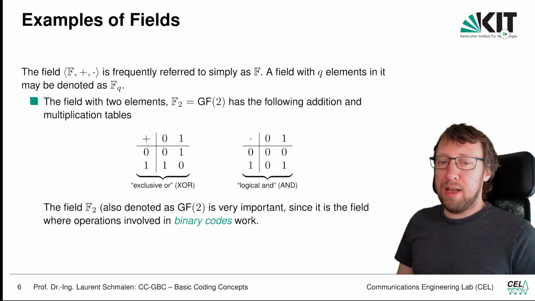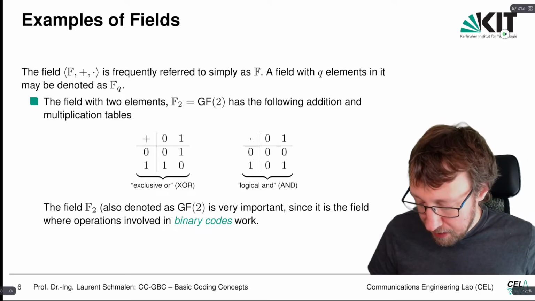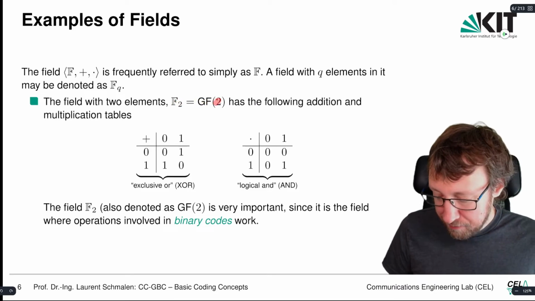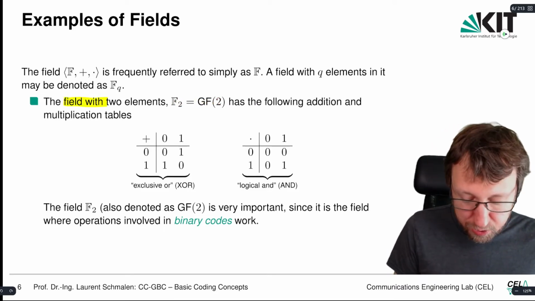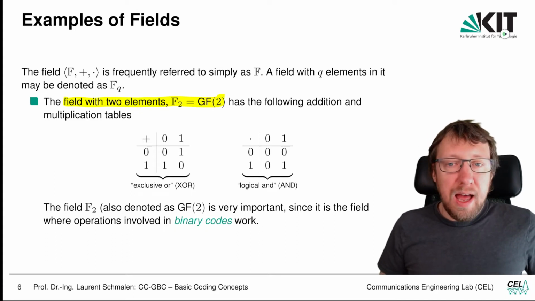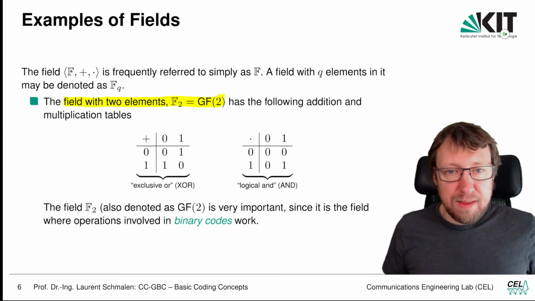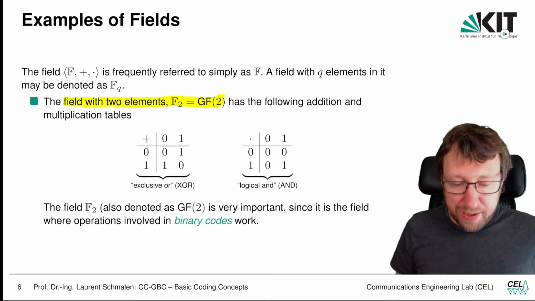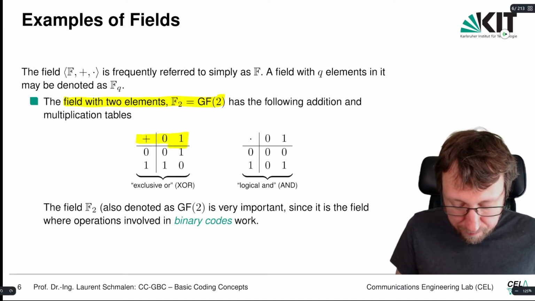Essentially, we are working in this lecture with the field with two elements, which we call GF2 or F2. And this field with two elements has addition and multiplication tables that are given here.